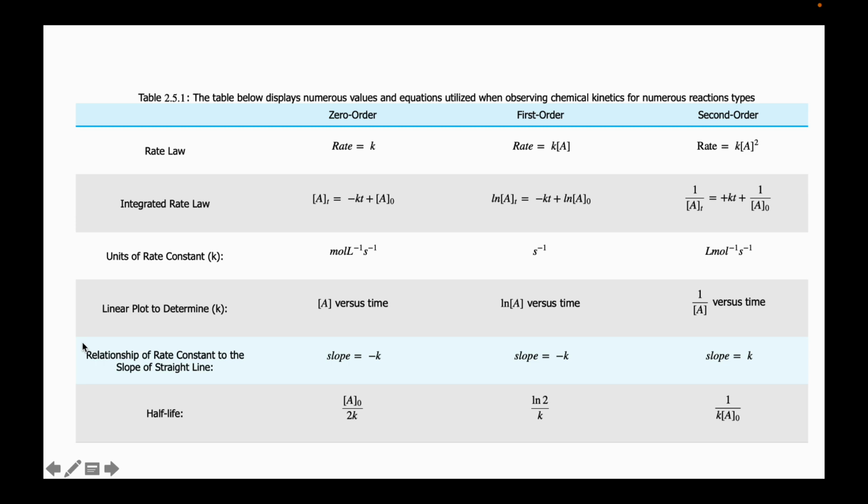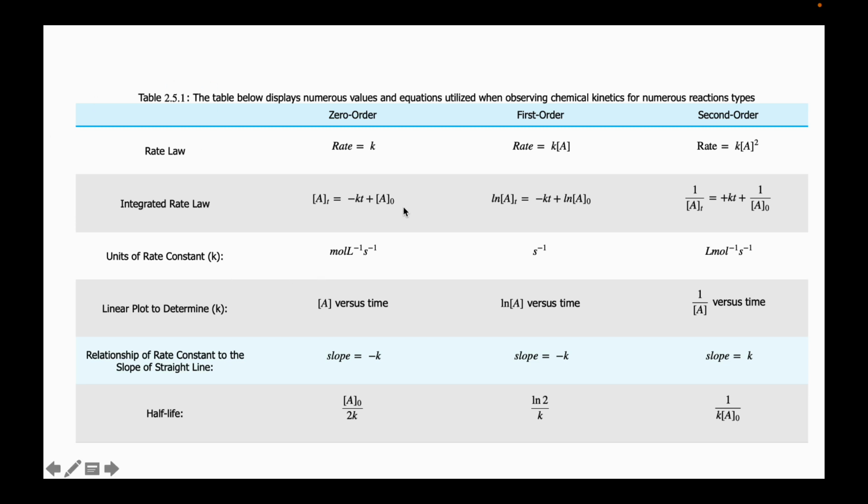So we all must try to understand this. Okay, this is a very important table. It displays various values and equations used for the basic chemical kinetics of zero, first and second order. You must always remember these zero, first and second order reactions.